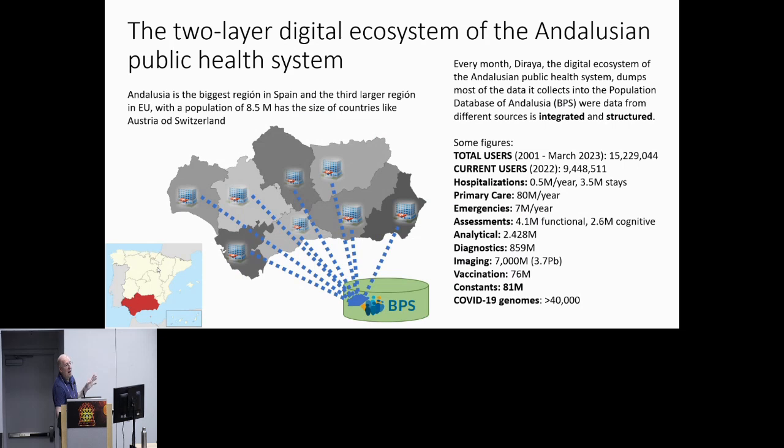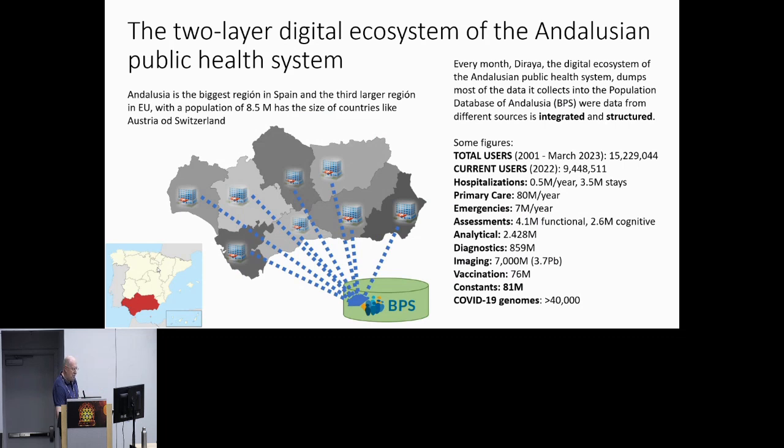We still don't have genomic data. Now we are trying to set up the whole system to collect this data, but we are starting to collect data from pathogen surveillance. So we have 40,000 genomes of SARS-CoV-2, right?